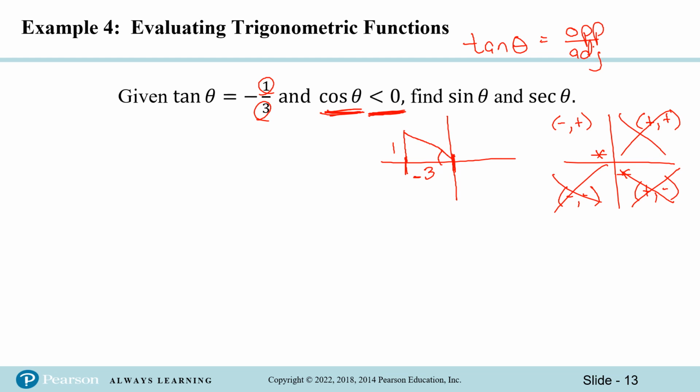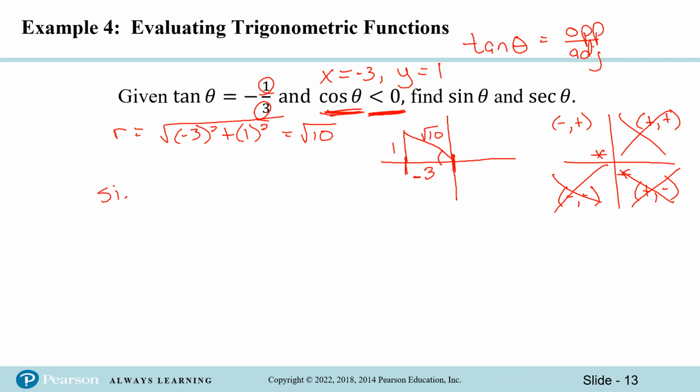So my x is equal to negative 3, and my y is equal to 1. So I need to find r. Negative 3 squared plus 1 squared gives me the square root of 10. So that's my radius.